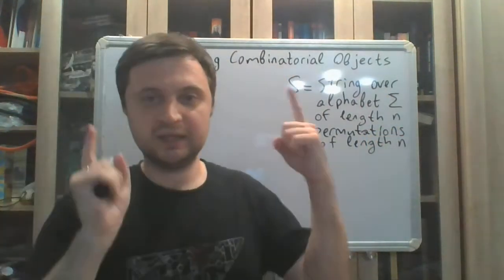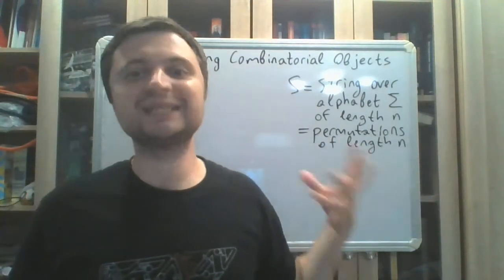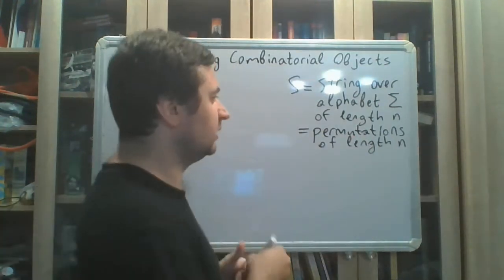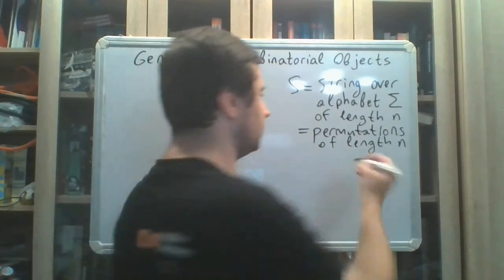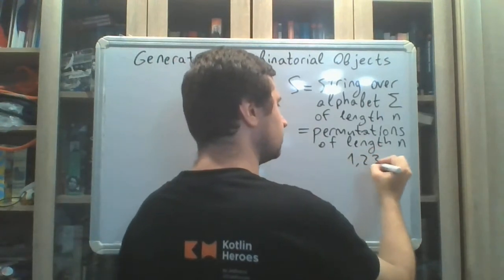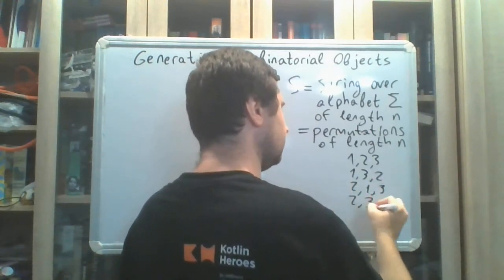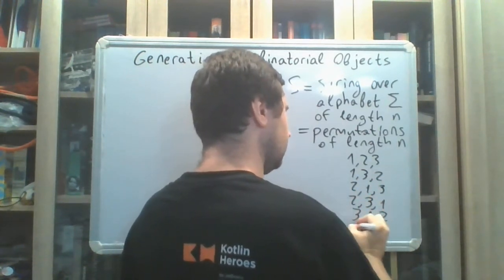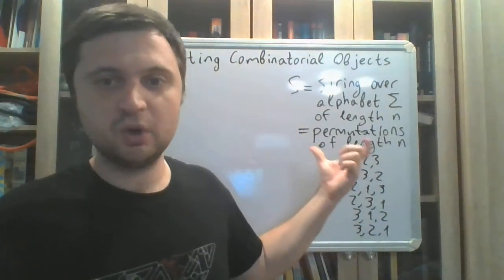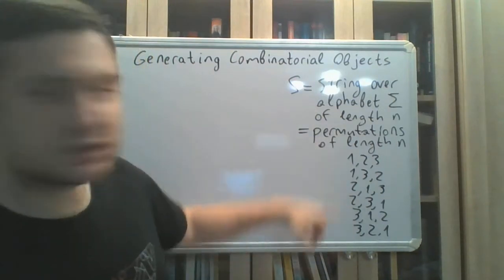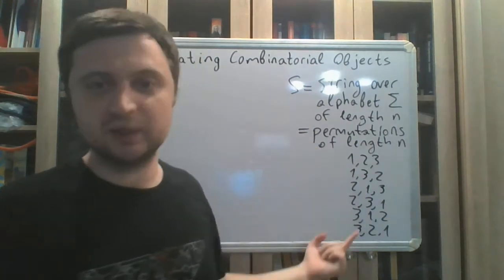So the arrays where all numbers from 1 to n are present exactly once. So let me show once again with the length n equal to 3. It will be 1, 2, 3, 1, 3, 2, 2, 1, 3, 2, 3, 1, 3, 1, 2, and 3, 2, 1. Those are all the possible permutations of size 3, that is arrays with all the numbers from 1 to n present exactly once.